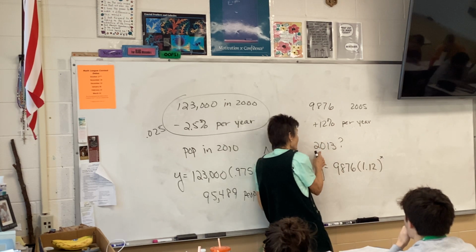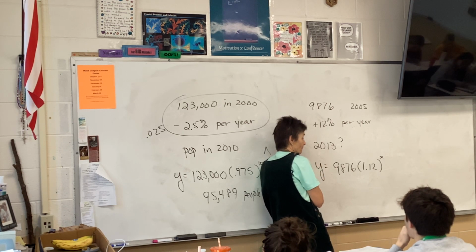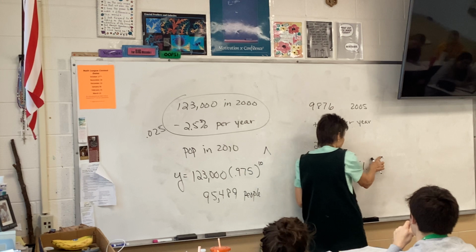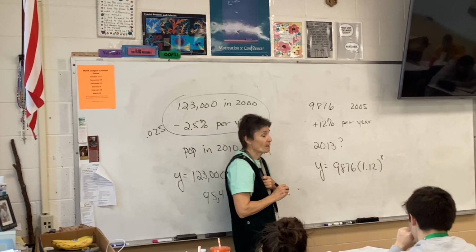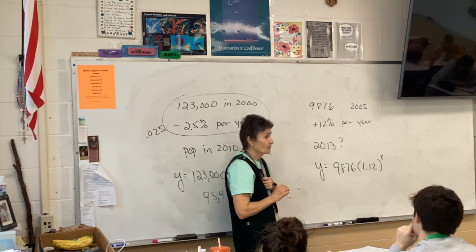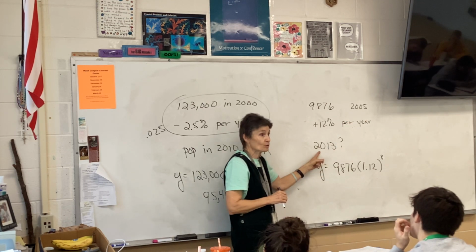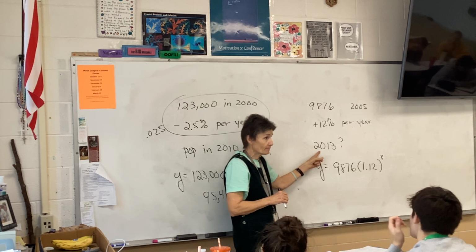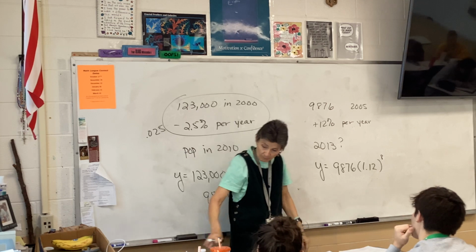Now, how am I going to use that equation to find the population in 2013? I'm going to raise it to the 8th power. Why am I raising it to the 8th power? Because from 2005 to 2013 is 8 years. That's how many times I needed to increase by 12%.